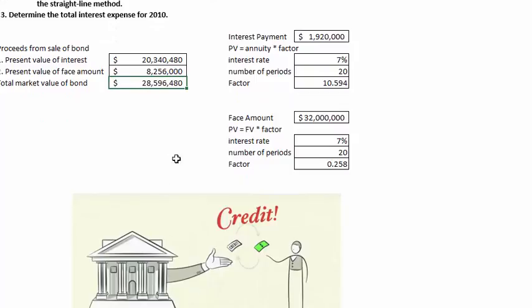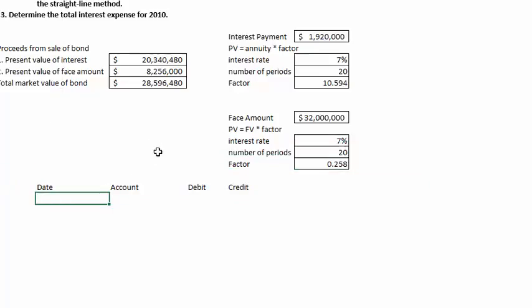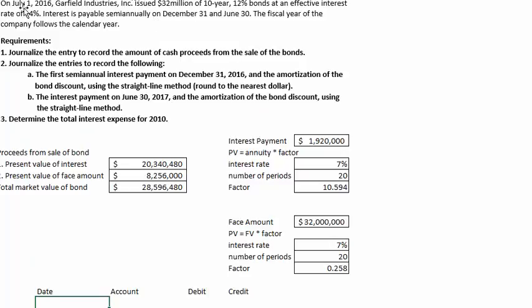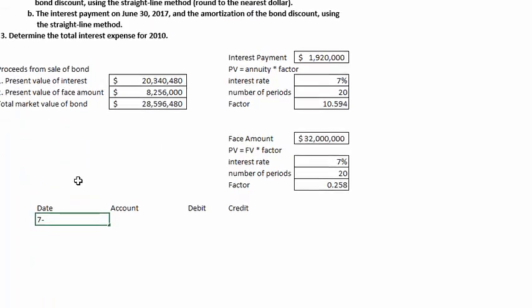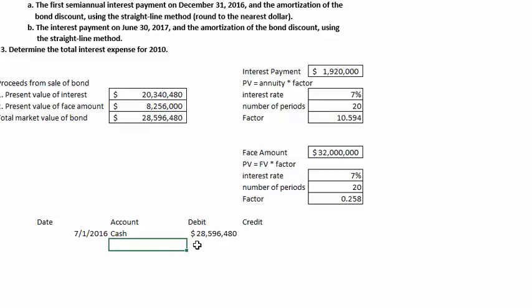And so now we have to journalize that, right? This is an accounting class. What's going to happen is on the issuance date of the bond, it gets issued on July 1st of 2016. We are the borrower. We get cash, and the amount of cash we get is this size that we just figured out.